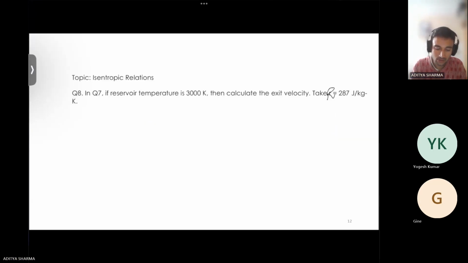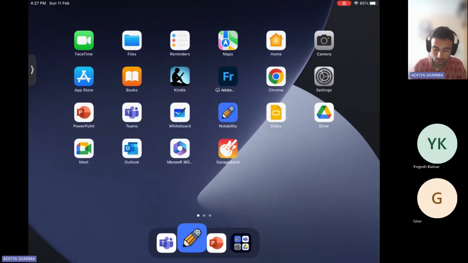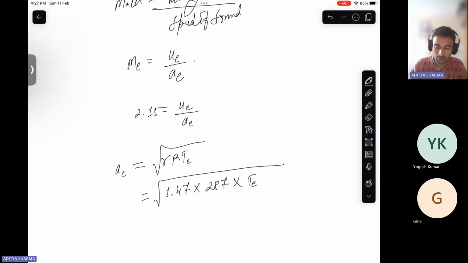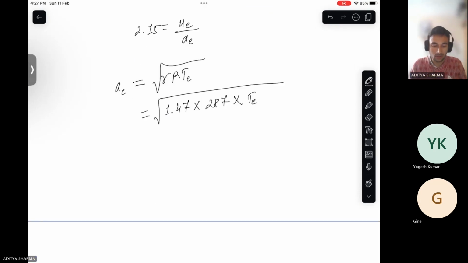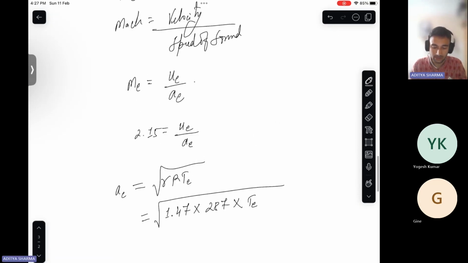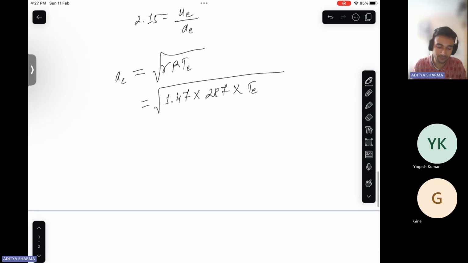See the question. Reservoir temperature is given. TE is not given. By mistake, just don't put 3000 as TE. So we need to calculate TE. How do we calculate TE?